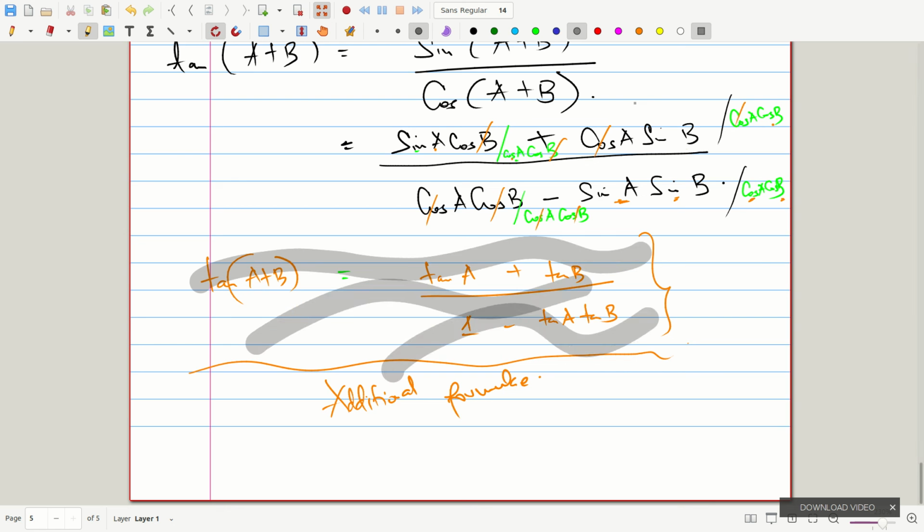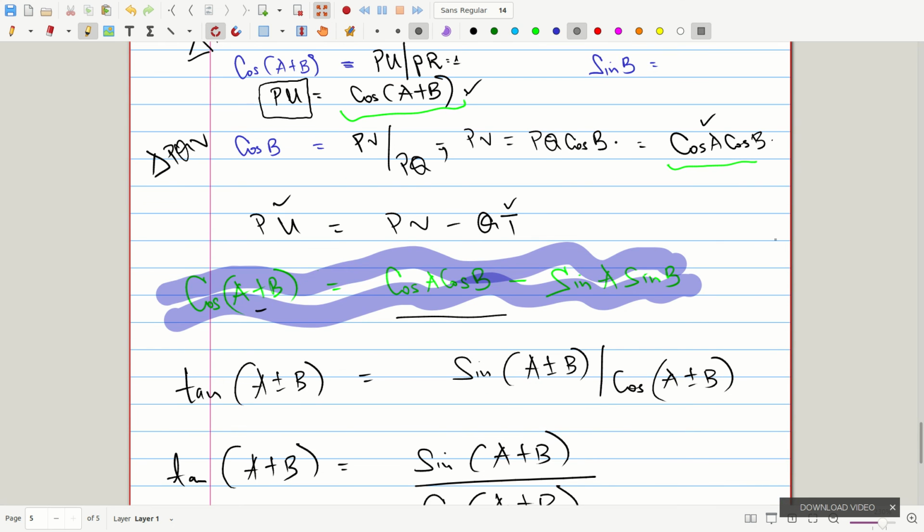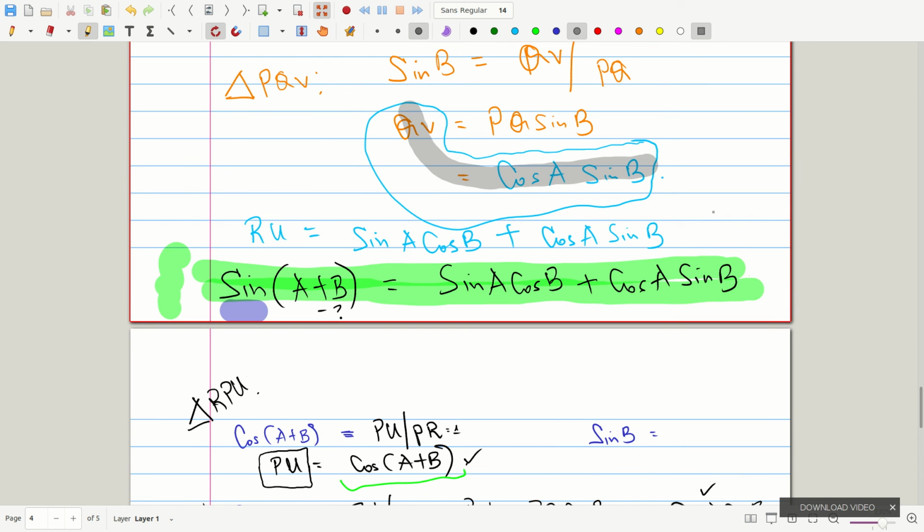So in all these ones which we have highlighted, maybe we call that one 1, this one 2, and this one here 3. For the double angle formula, we simply make the substitution and let A equal B.